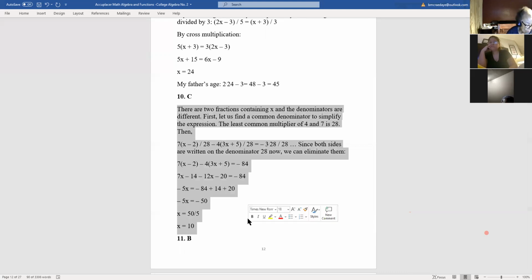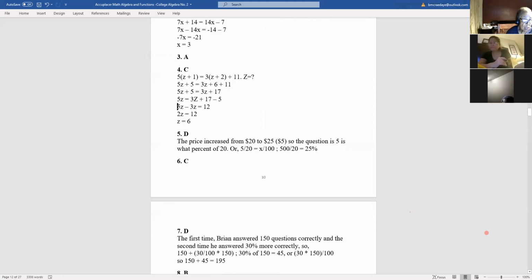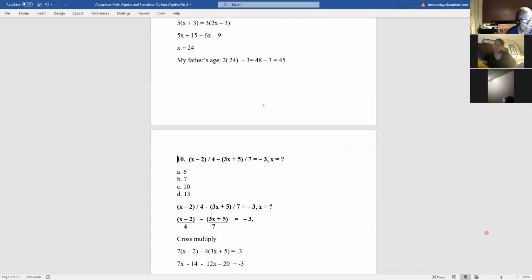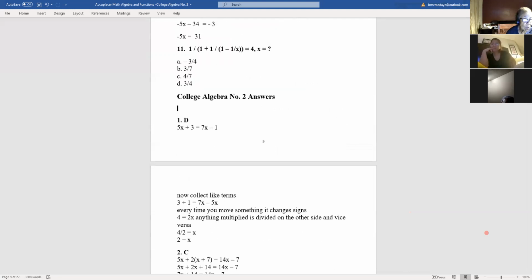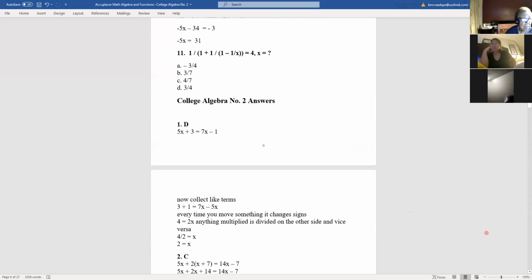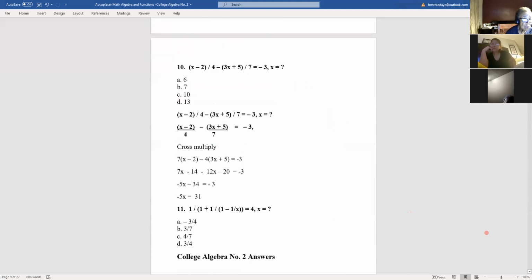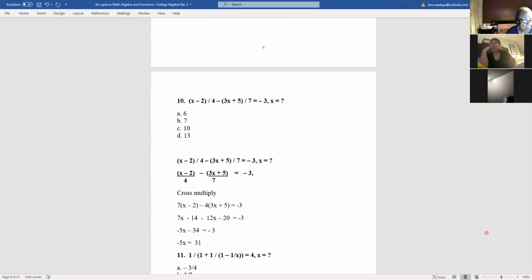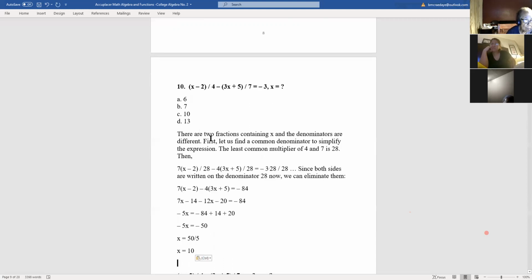So number 10, let's just put the number 10 answer here, because they used a least common multiple of the 4 and the 7, the denominators.